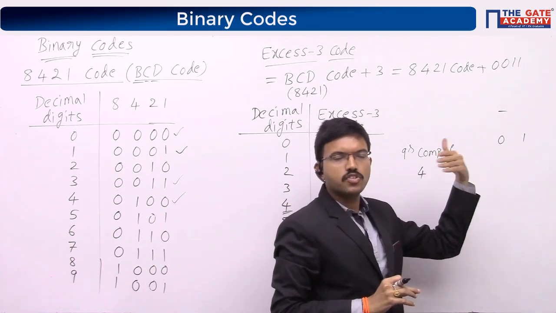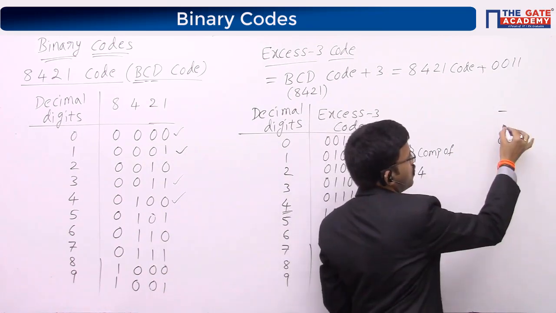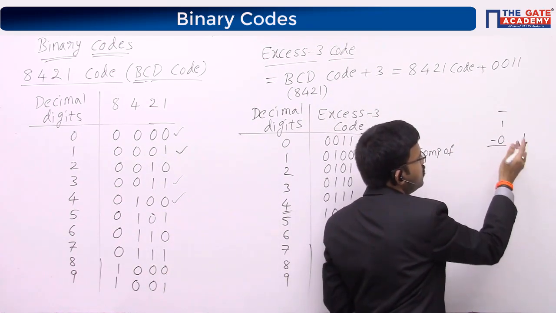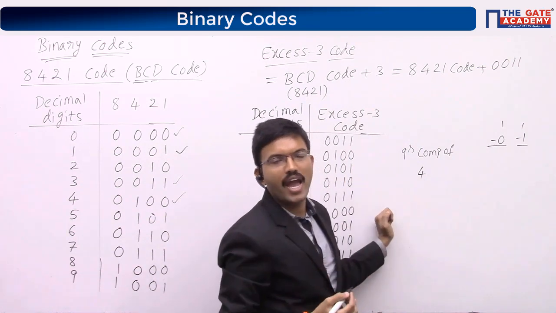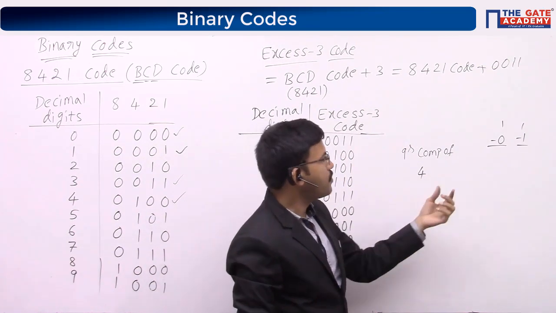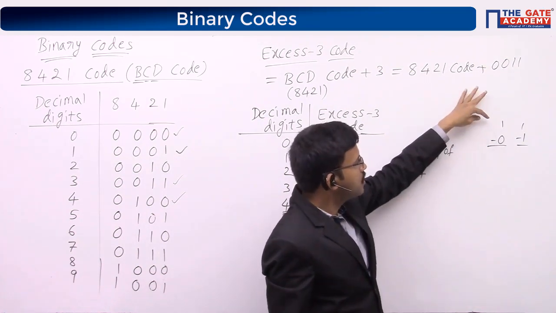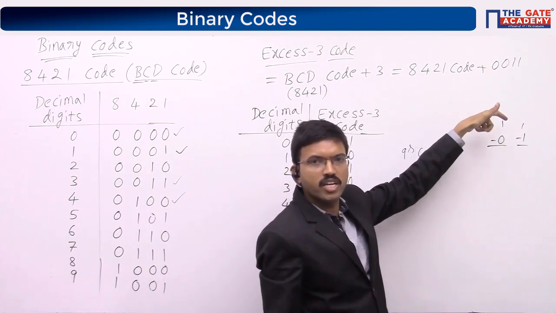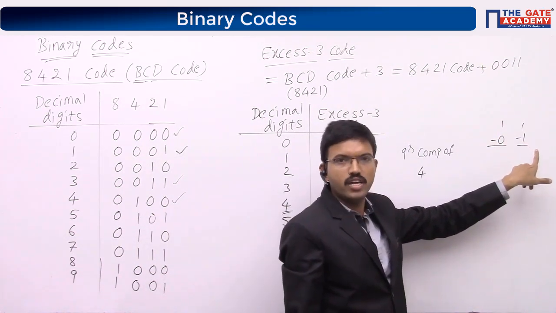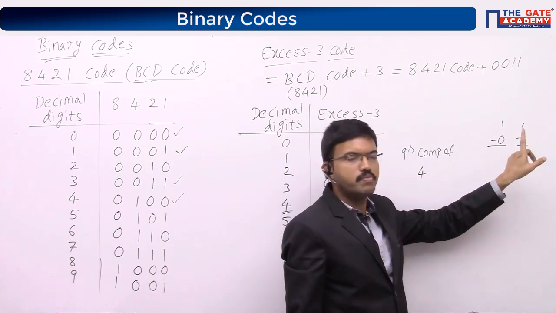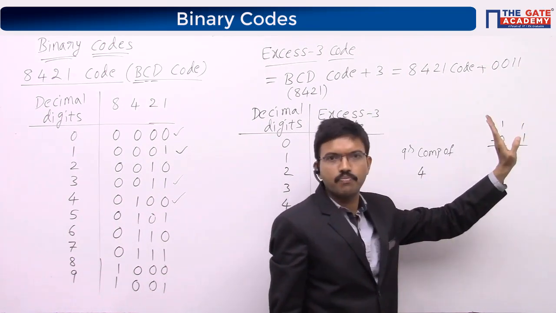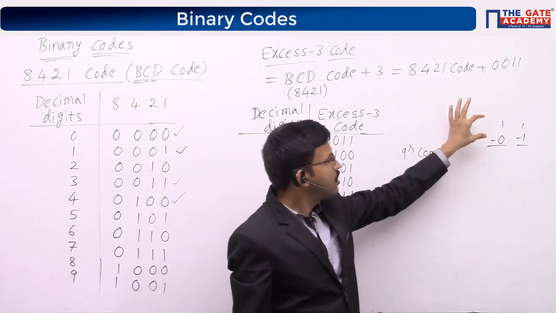The 1's complement means you have to subtract that number from 1. That is the actual meaning of 1's complement. If the bit is 0, you subtract 0 from 1. Similarly, if the bit is 1, you subtract 1 from 1.